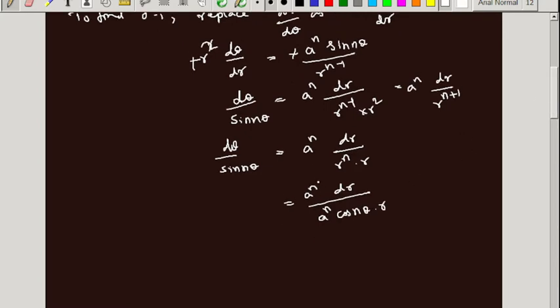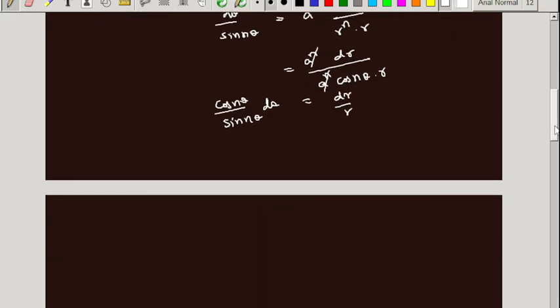Here we can cancel a power n, and cross multiply. We write it as cos n theta dividing by sin n theta into d theta equal to dr by r. So this is cot n theta into d theta equal to dr by r.